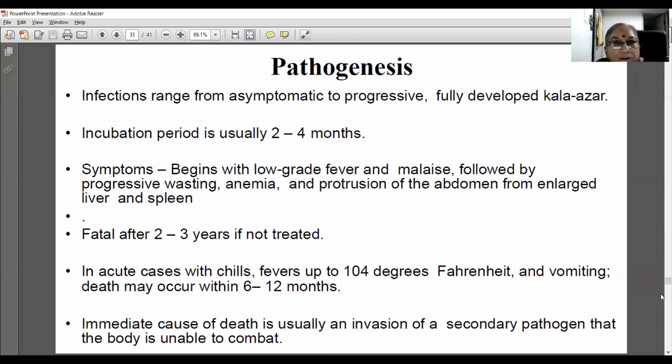Infection ranges from asymptomatic to progressive, fully developed Kala Azar. Incubation period is around 2 to 4 months. Symptoms begin with low-grade fever and malaise, which is followed by progressive wasting, anemia, and protrusion of the abdomen from enlarged liver and spleen.